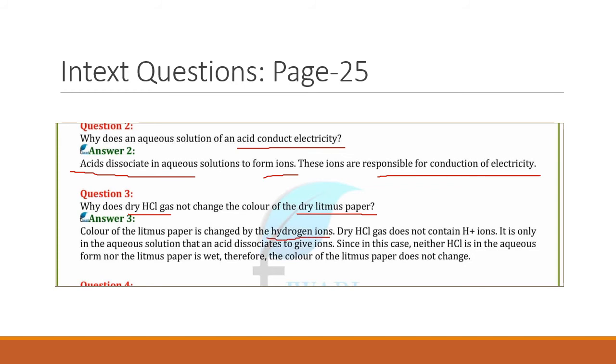Dry HCl gas does not contain H plus ion, or we can say it does not dissociate to produce H plus ions. It is only in the aqueous solution that acid dissociates to give H plus ion. Since in this case neither is the HCl in aqueous solution nor is the litmus paper wet, therefore the color of litmus paper does not change.